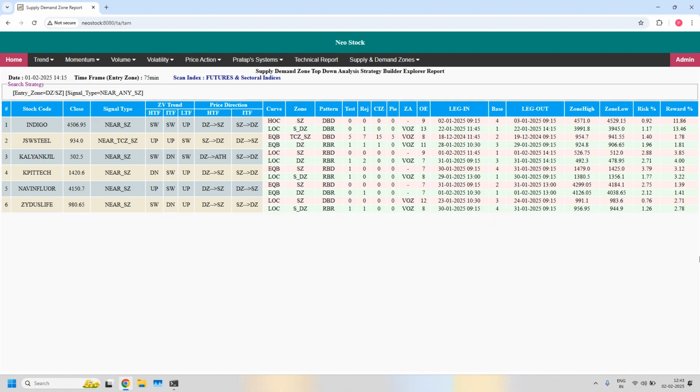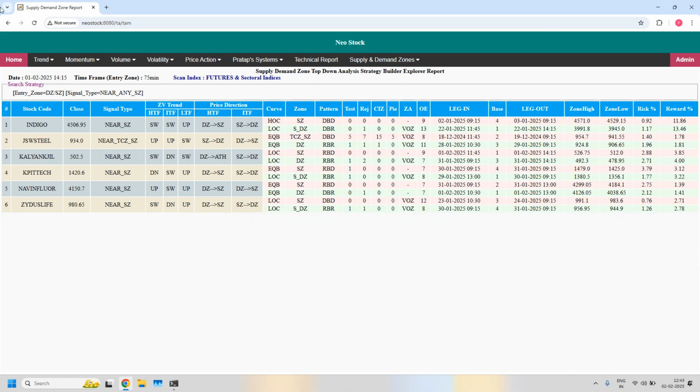I think today we identified only 2 high liquidity zones. One is a daily demand zone on the daily time frame, and another one is a 75 minutes demand zone. That's it.